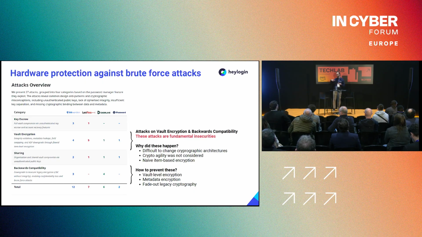Because only if the user logs in again to their account and decrypts their vault, only at that step, the client can re-encrypt everything with a new cryptographic algorithm. So crypto agility is really difficult to implement for a password manager. But at one point you just need to remove old algorithms and maybe even disable inactive users.